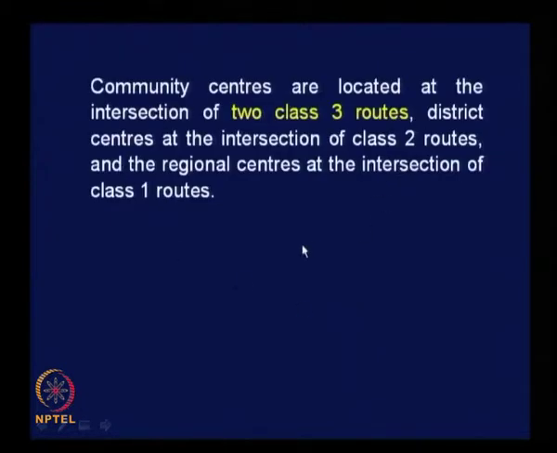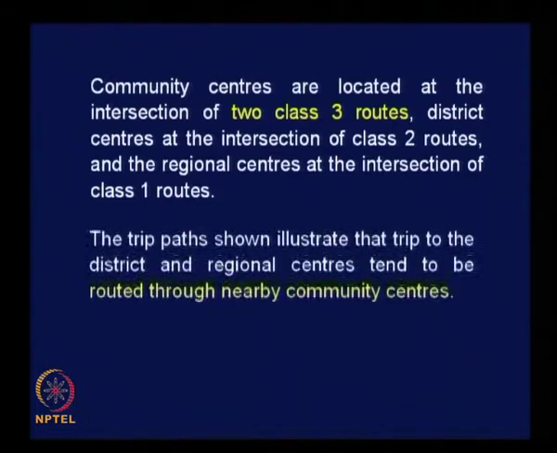This is the summary. Community centers are located at the intersection of 2 class 3 routes, right. District centers at the intersection of class 2 routes, and the regional centers at the intersection of class 1 routes. Clear?